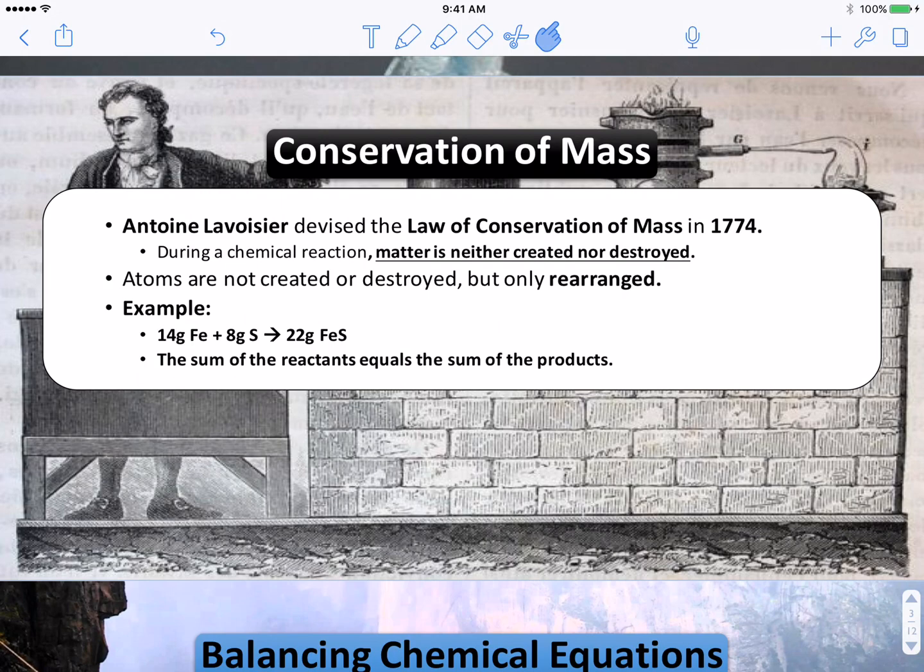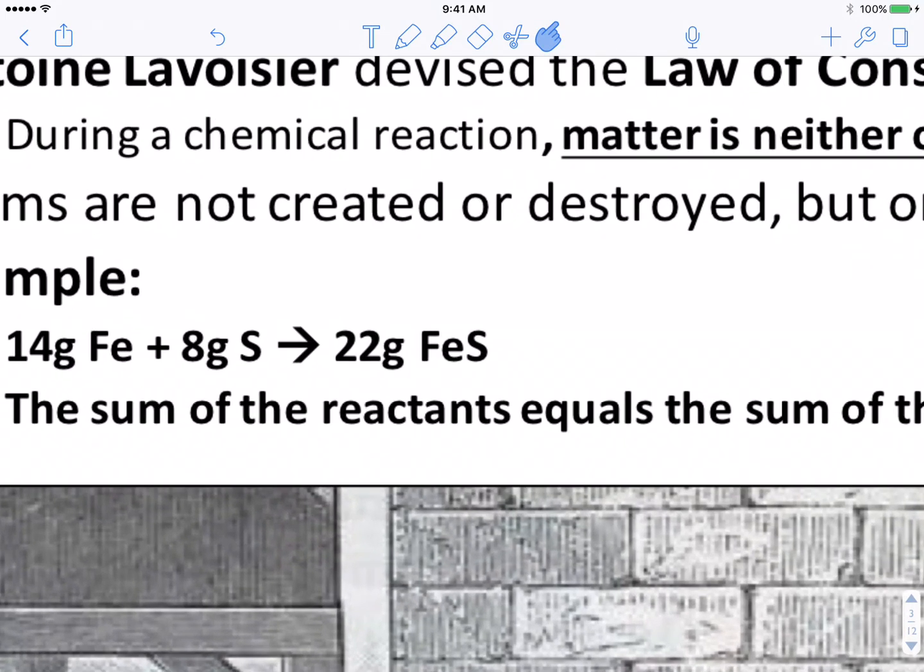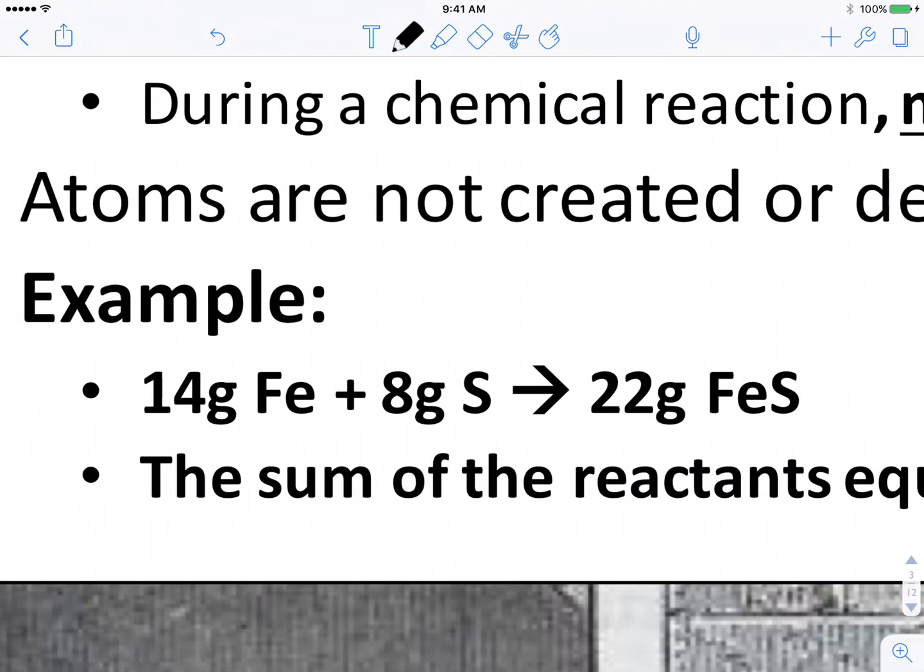What we're going to be doing is called balancing equations, and we're doing that to demonstrate the conservation of mass in chemical reactions, which means you've got to have the same number of atoms on the reactant side as you do on the products. In this little example, we have 14 grams of iron and 8 grams of sulfur.